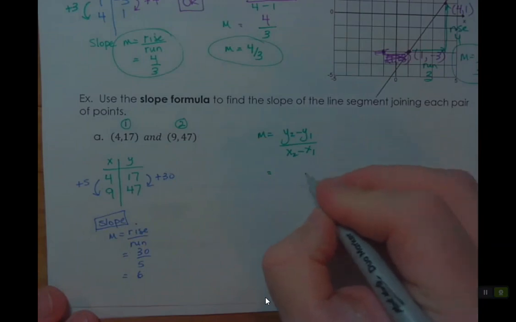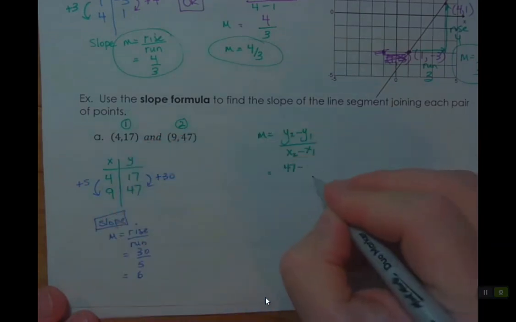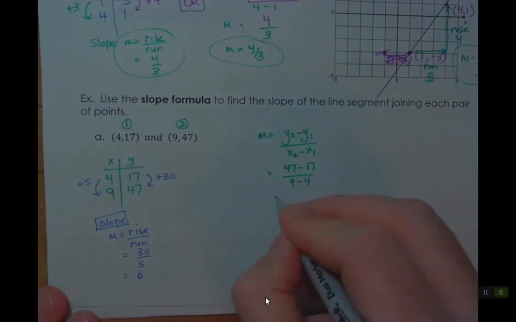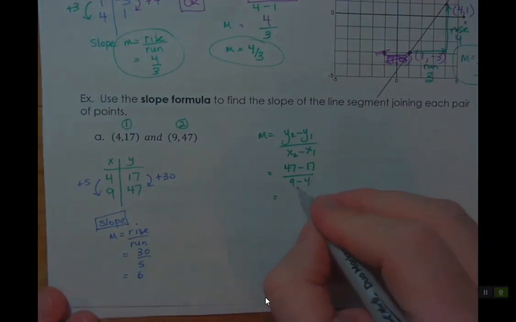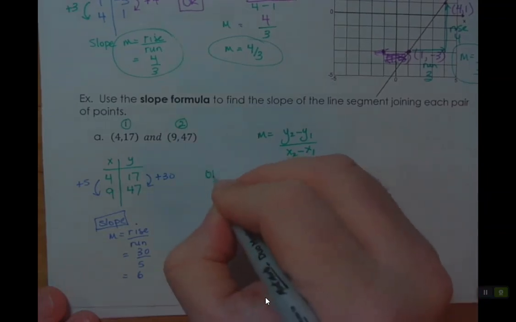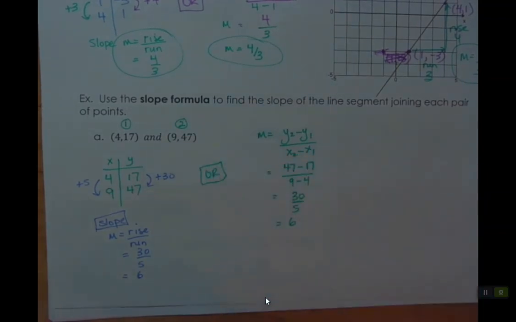Then I'm going to take 47 minus 17 over 9 minus 4. That's going to give me the same answer. 30 over 5, which is 6. So both ways work. You choose which method works for you.